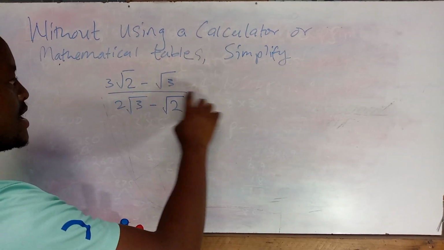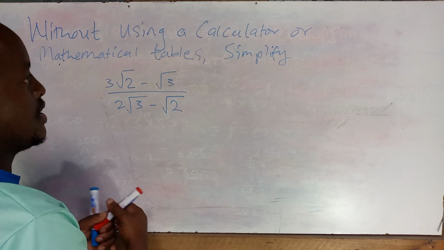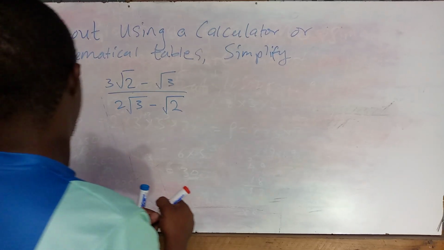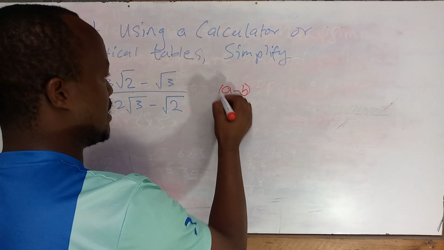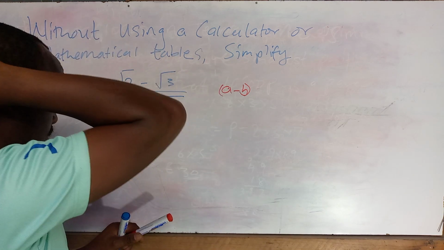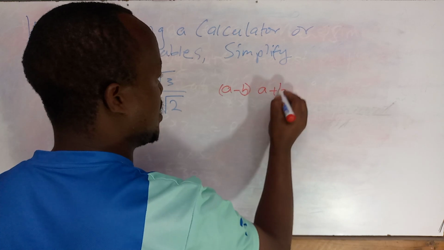We rationalize the denominator by multiplying. Let me write. If you are given something of this nature, rationalizing now the denominator, then you need to multiply by a plus b.